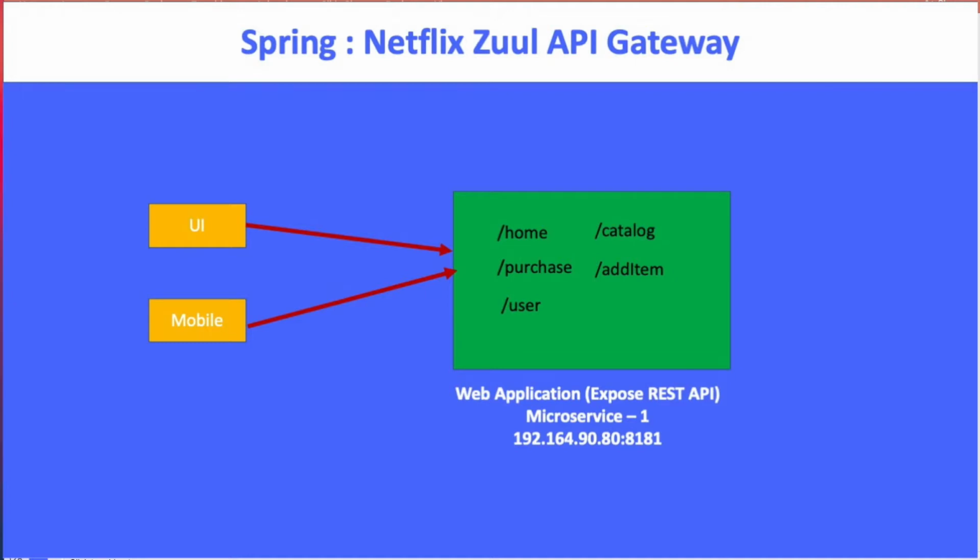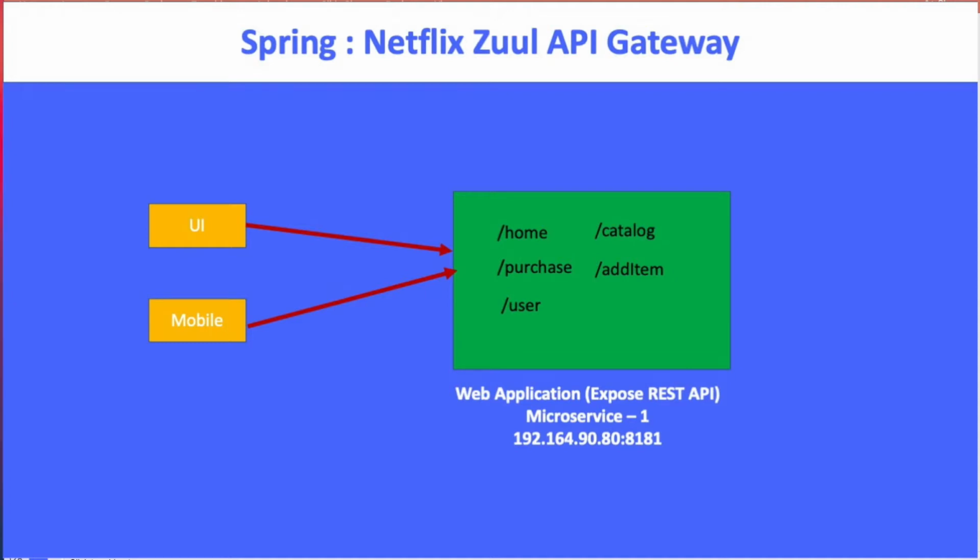Before we start the API gateway, let me explain what is the problem we do have if I don't have the API gateway. So suppose you have one web application and this is the microservice, and you have exposed many REST API, right? And here is the UI or the mobile phone.